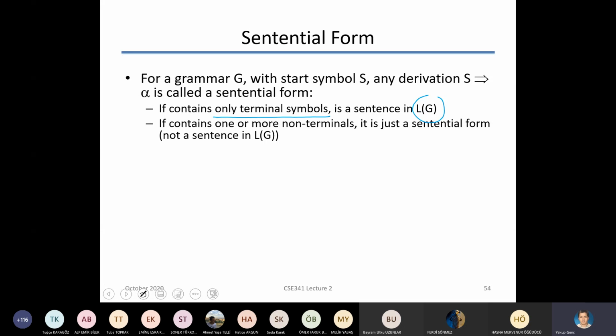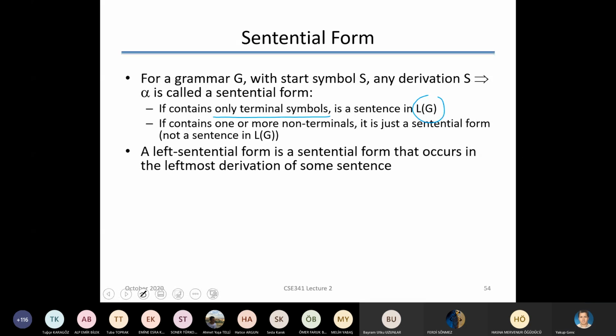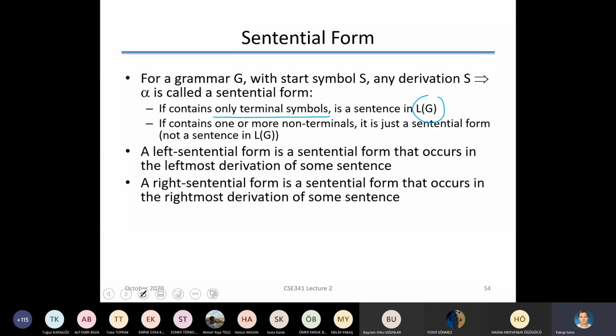All right. So after this, we have two different forms of this thing. One is the left sentential form, which is a sentential form that happens in the leftmost derivation of some sentence. So if I am doing a leftmost derivation of a sentence, then this will be called left sentential. The alternative will be the right sentential form, where I am doing a rightmost derivation of some sentence.